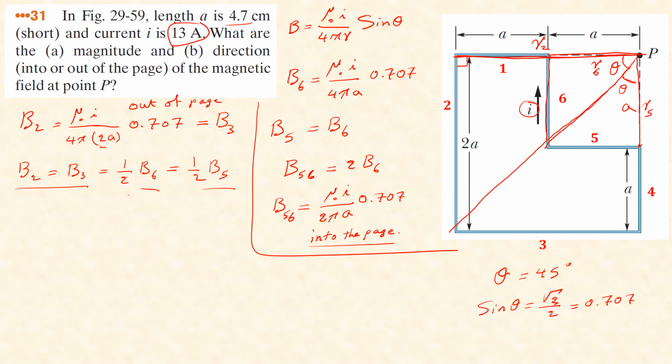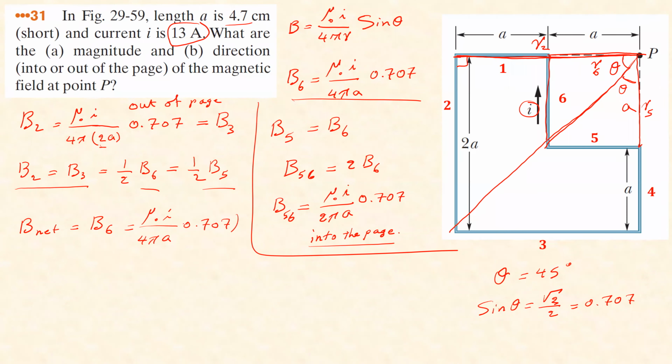Because you have B2 and B3 and B5 and B6, but B6 is twice B2. So if you cancel, B net is equal to B6, which is mu naught I over 4 pi A times 0.707.